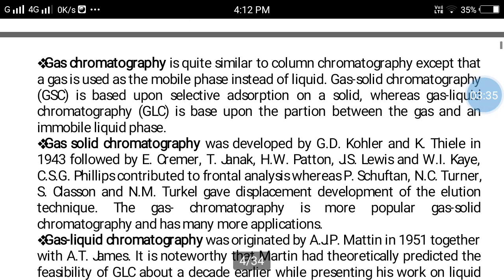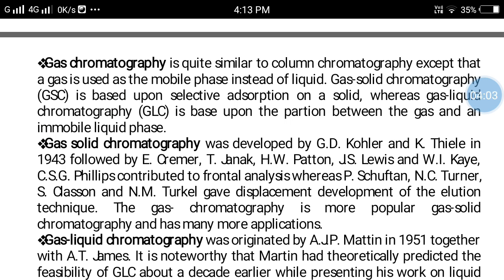Gas chromatography is quite similar to column chromatography except that a gas is used as a mobile phase instead of a liquid. GSC is based upon selective adsorption on a solid, whereas GLC is based upon partition between the gas and the immiscible liquid phase.